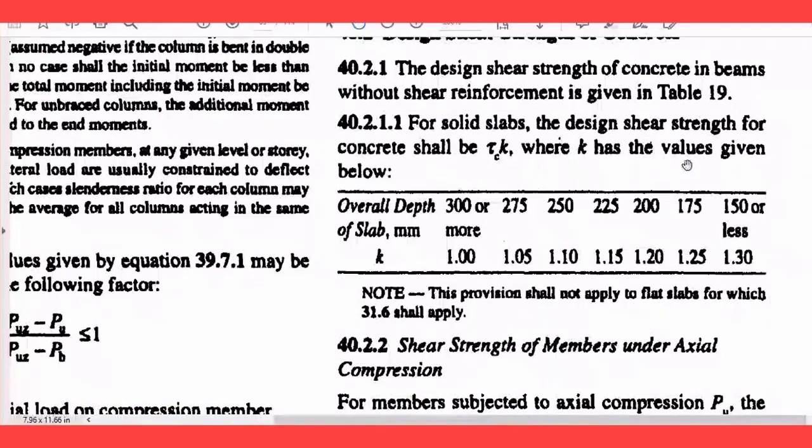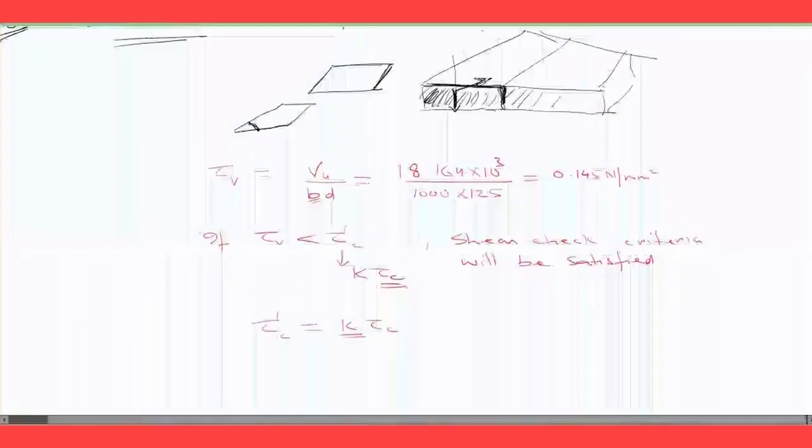The overall depth of slab I have is 150 mm, so it's written 150 or less. K value will be 1.3. So from clause 40.2.1.1, you get a k value equal to 1.3.